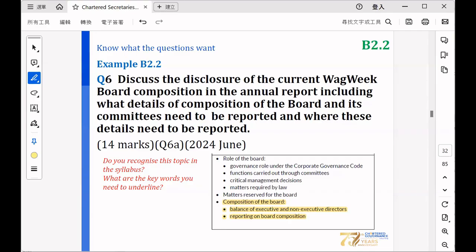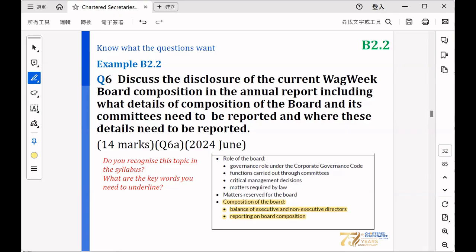Now, in here, you have to understand the mandatory requirement in the CG code. As I've said, most people will only focus on those comply or explain principles, but they may ignore the mandatory requirement part. So part one of the CG code says a lot of things about what is to be included in the annual reports.